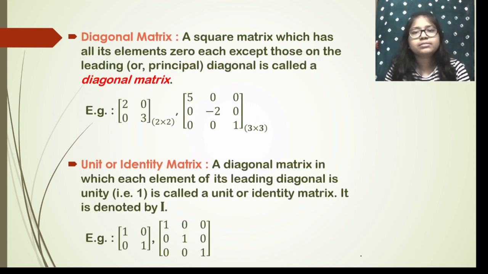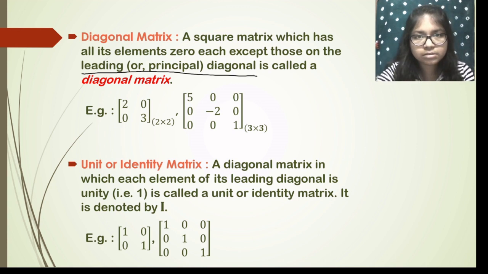Diagonal matrix. A square matrix which has all its elements 0 except those on the leading or principal diagonal is called a diagonal matrix. Diagonal matrix means principal diagonal.